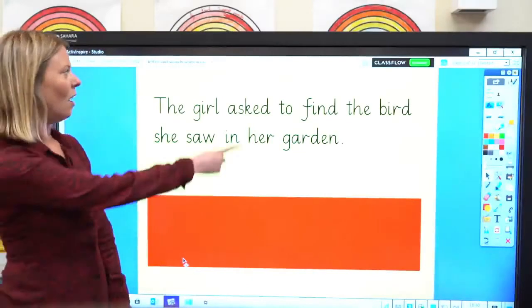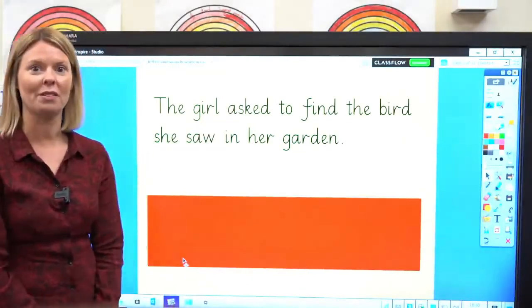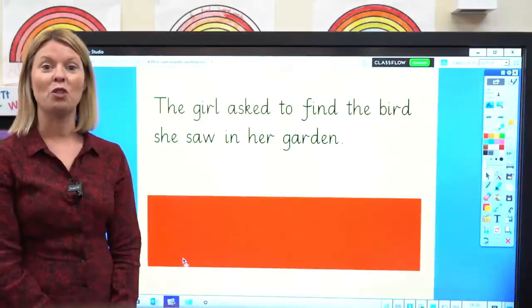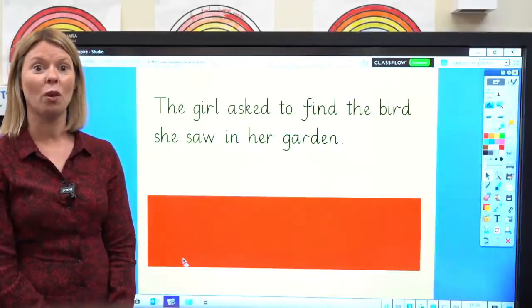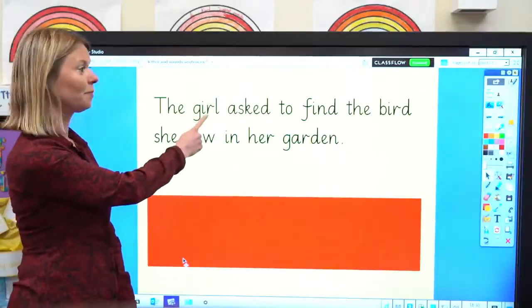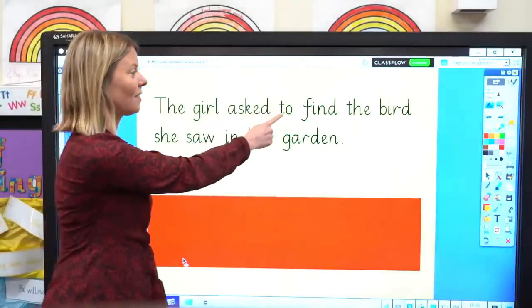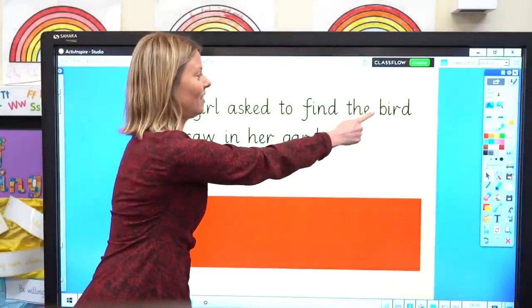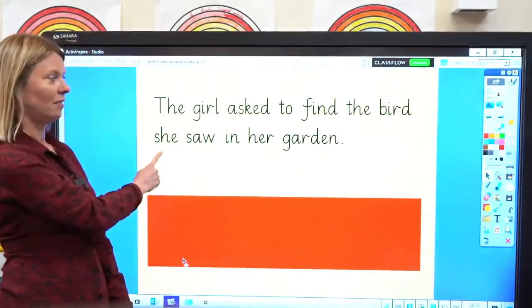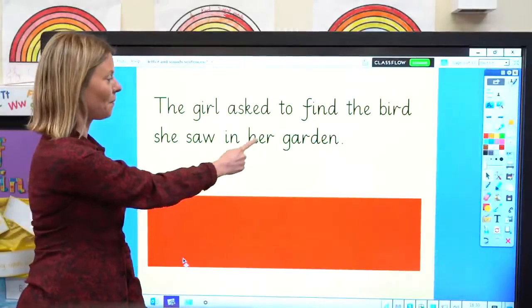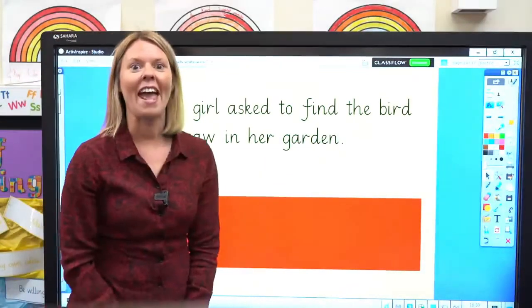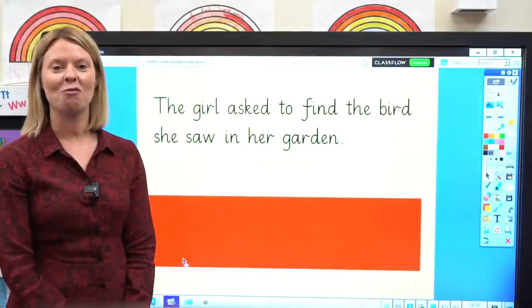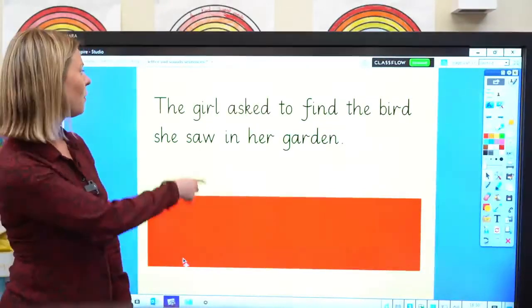That's right, asked was our tricky word. Now I want you to read aloud as I point to the words. Excellent reading. Now let's read the sentence together.